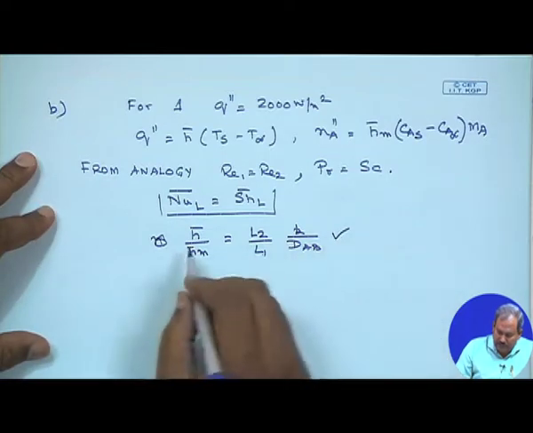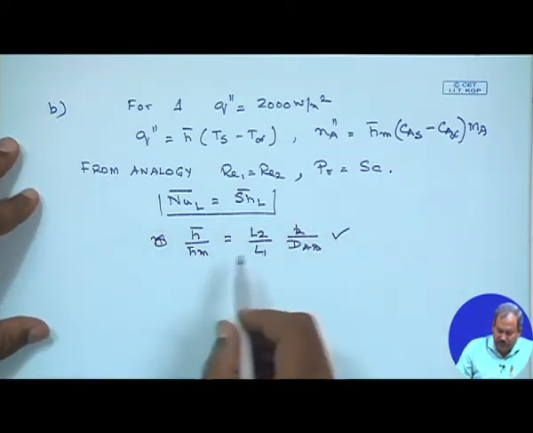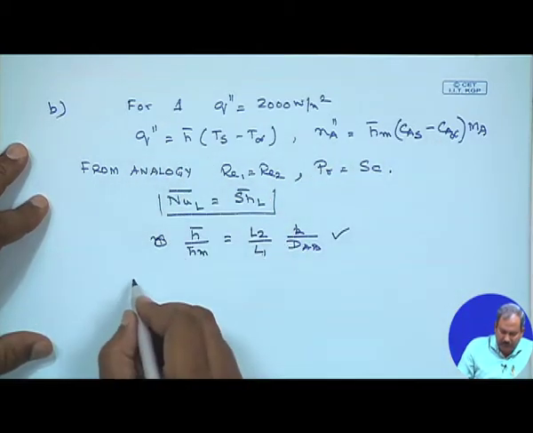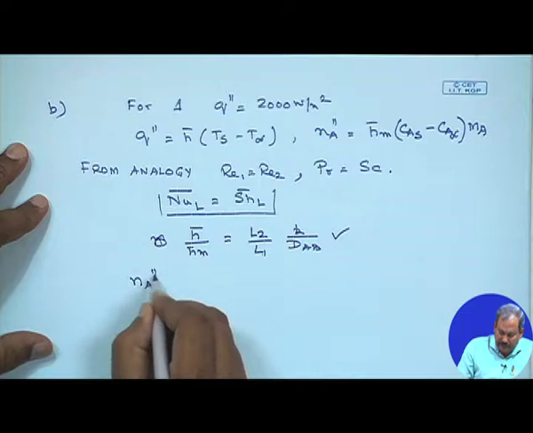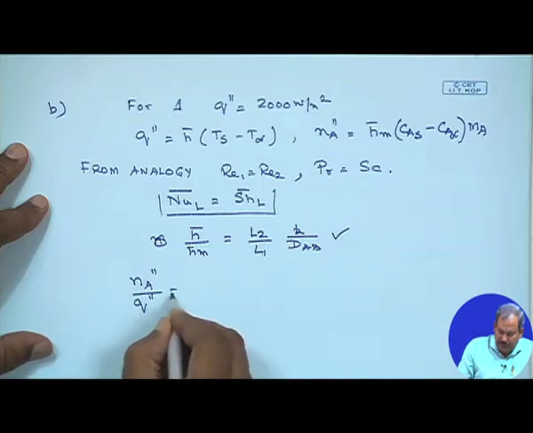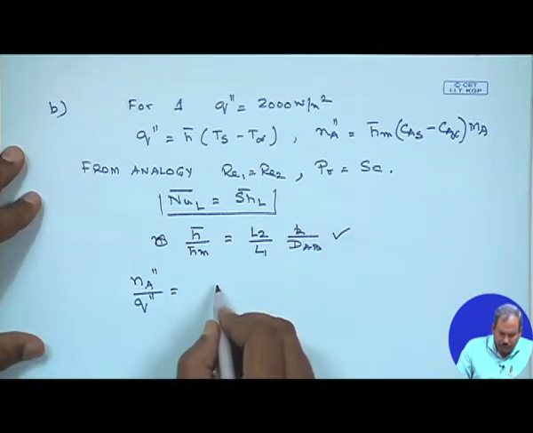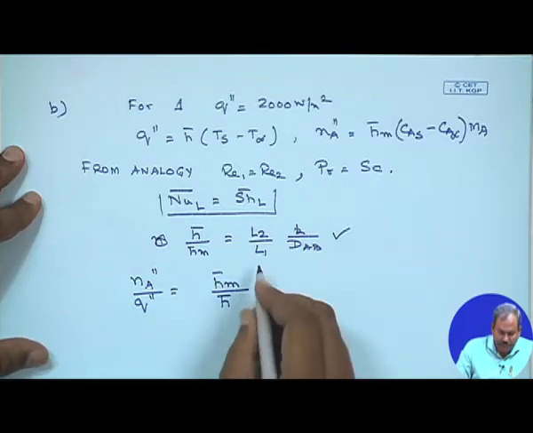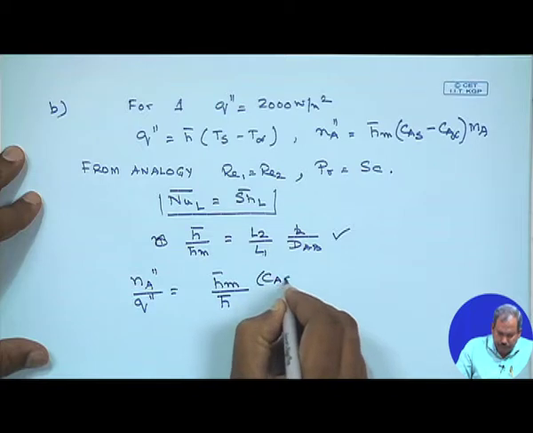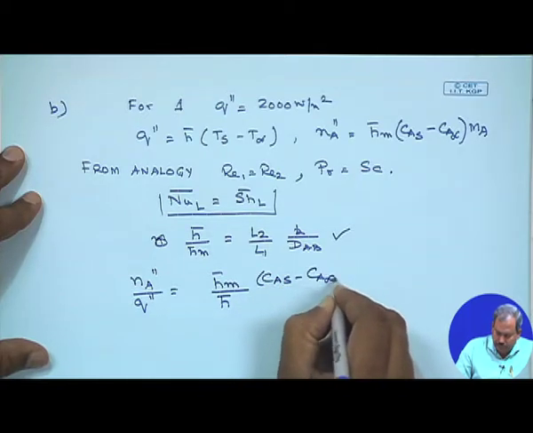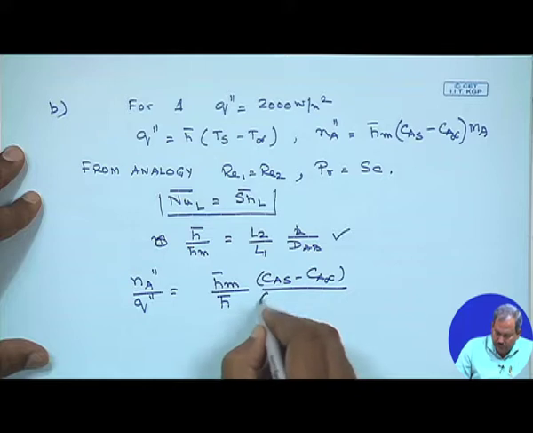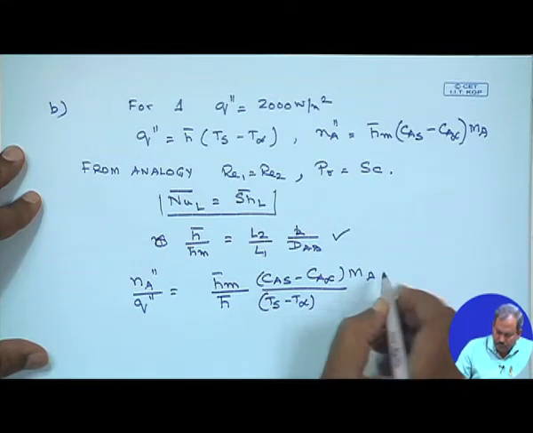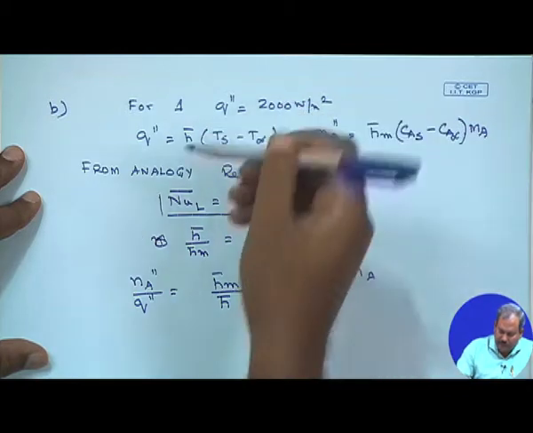So, this is the relation from which I can obtain the unknown values, and then I divide N_A by Q, and what I would get is N_A double prime by Q double prime is equal to H bar m by H bar, simply dividing this by this.